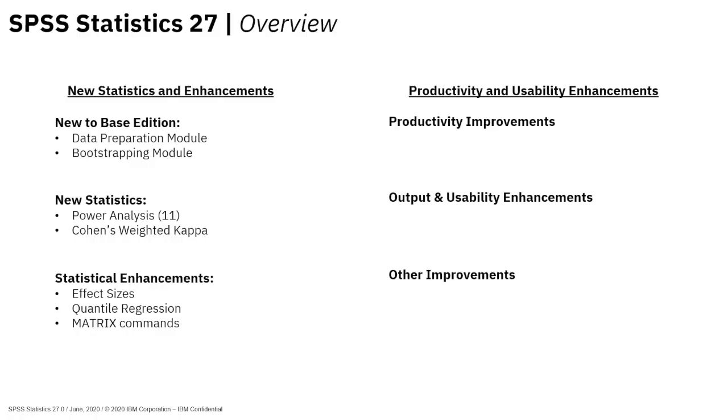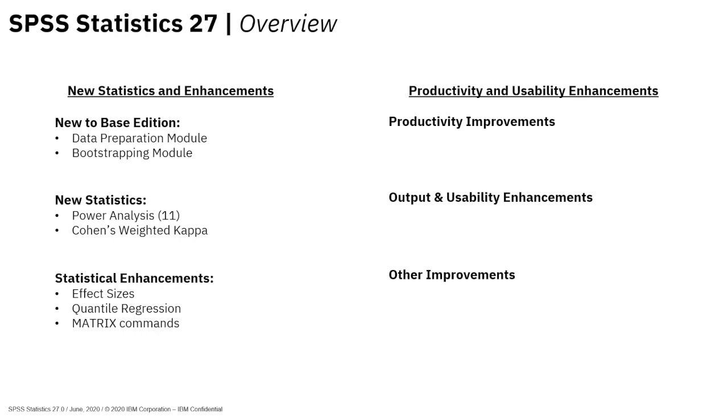So in our most recent release, version 27, some things were moved and a lot of things were added as well. New to the base edition now, if you just have SPSS Statistics Base, the data preparation module as well as the bootstrapping module are moved into the base version, which is fantastic and easy to use.